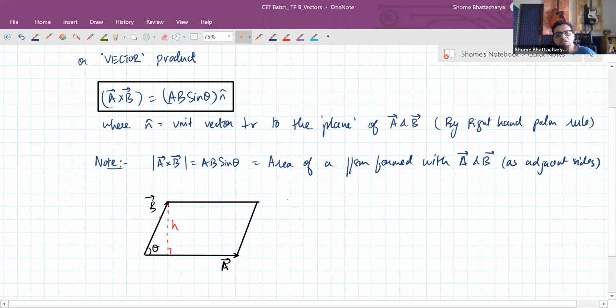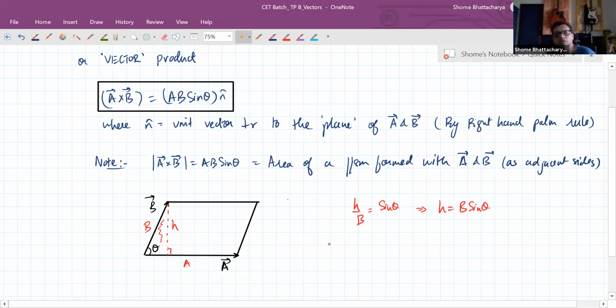So within this triangle, you can see that h upon b, the magnitude of this vector, is nothing but perpendicular upon hypotenuse. So that is nothing but sine theta. That means h has a magnitude of b sine theta.